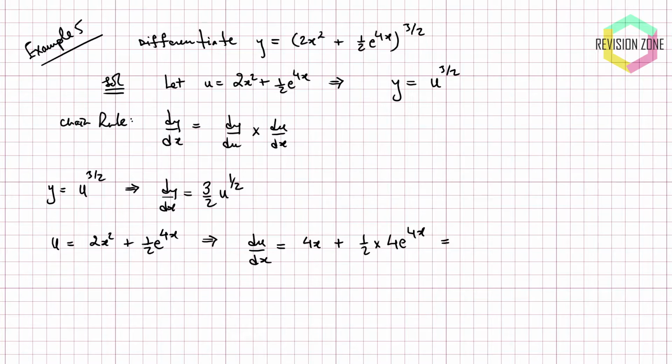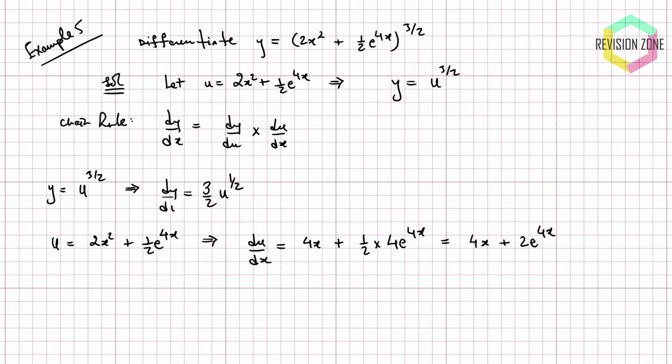So perhaps it's worth simplifying this to say it's going to be 4x plus 2e to the 4x. Okay, so now that we actually have a description for both dy by du and du by dx, I should make this clear. I don't know why I have an x there. It should be a u.